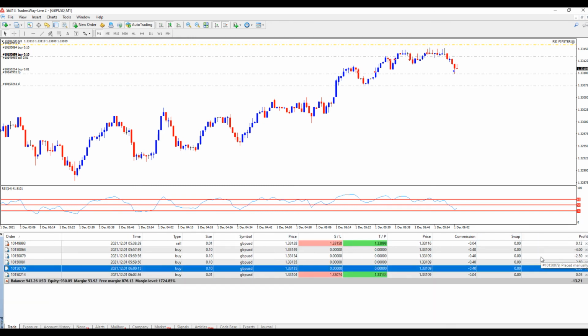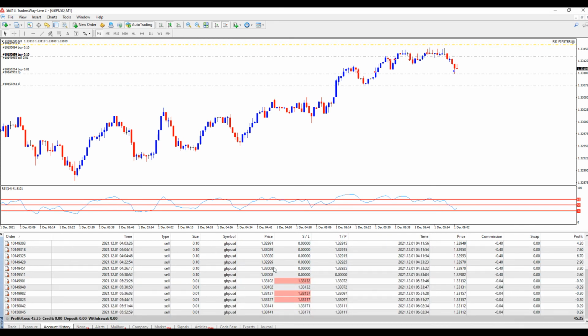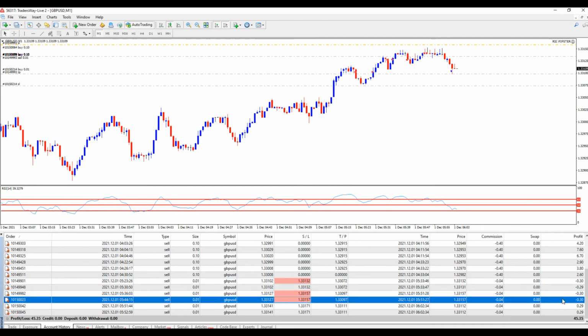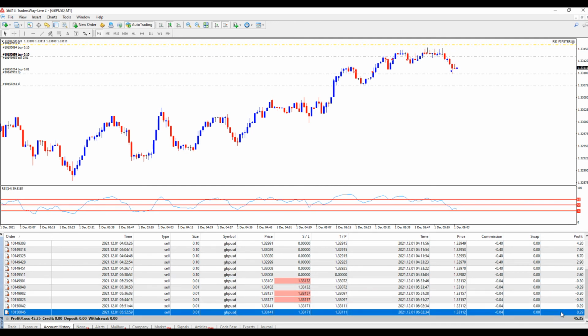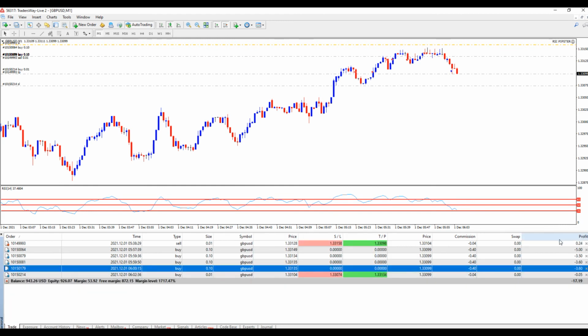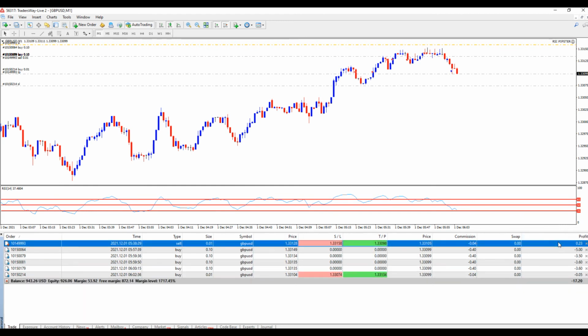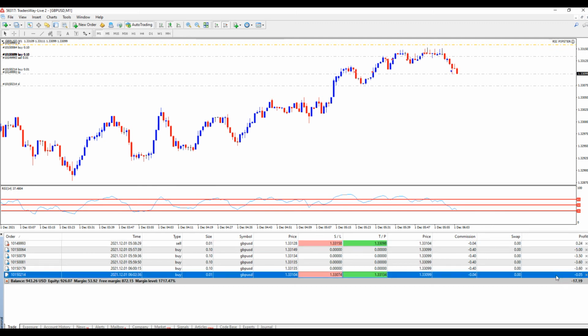But we're not doing too bad so far. So far we've had, let's look at the stats, 1, 2, 3, 4 losers and 2 winners, and we have another profitable trade that's about to hit take profit. And this trade should also hit take profit because this is a bullish trade.